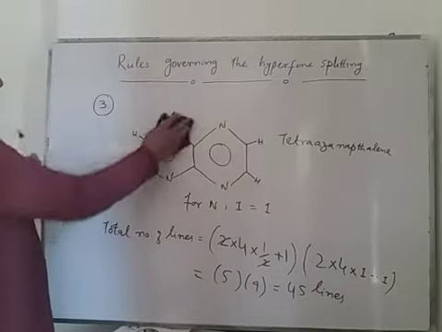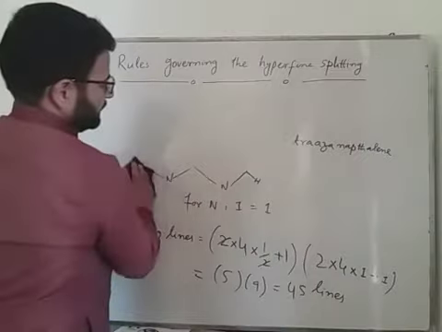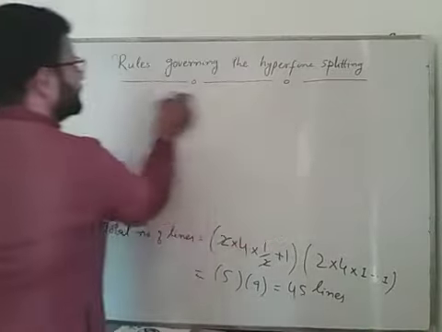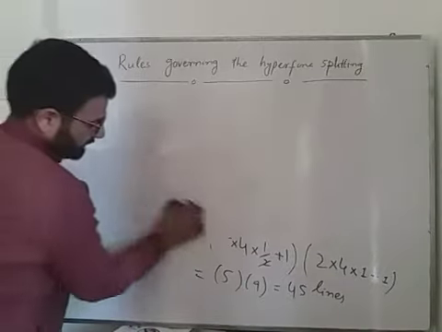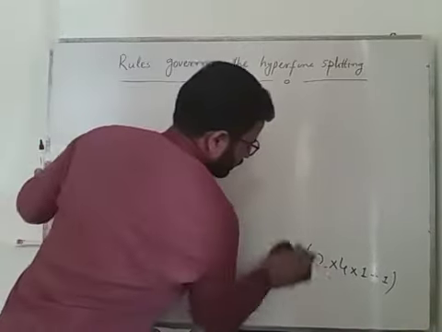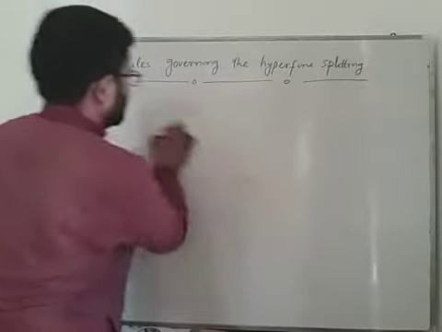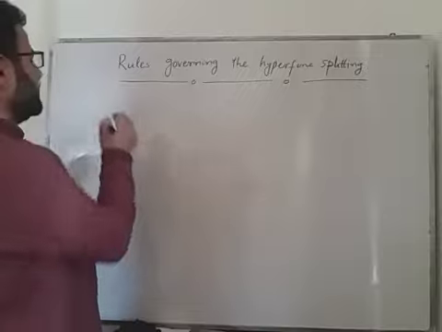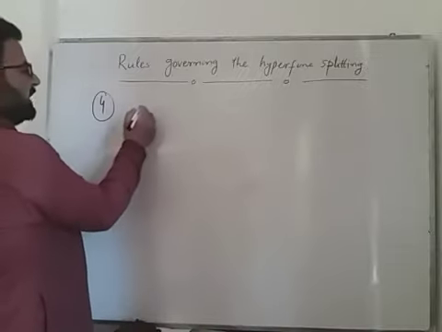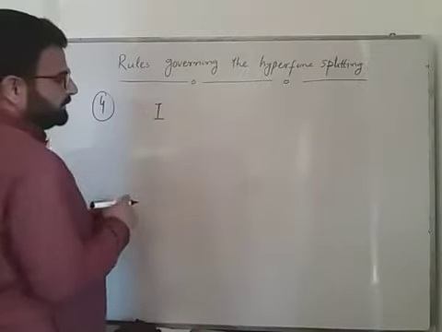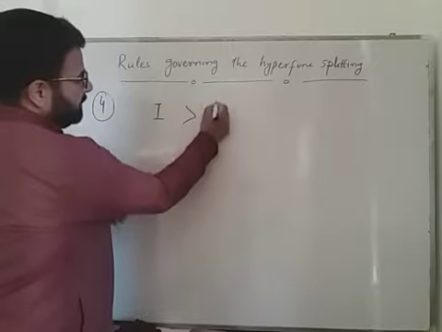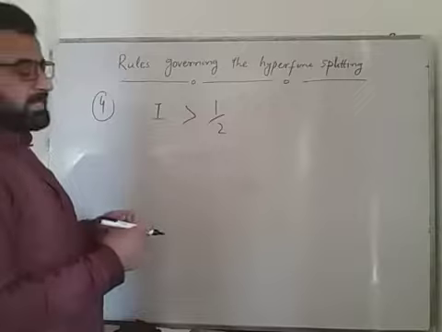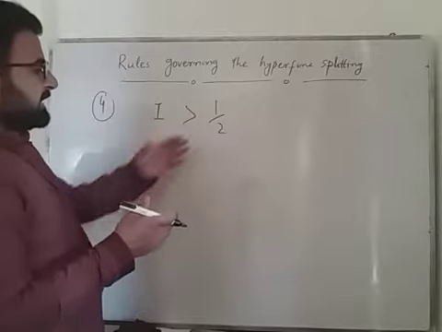Okay, so one more situation can arise when you have an unpaired electron delocalized over a nucleus which has I more than, for example, if I of the nucleus is greater than 1 by 2, as in this case you saw in nitrogen it has a spin of 1.